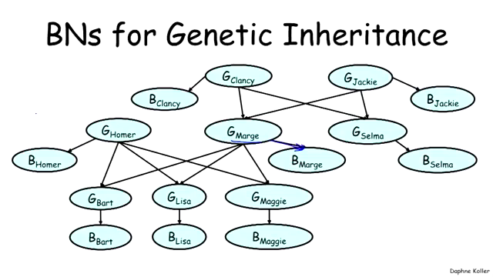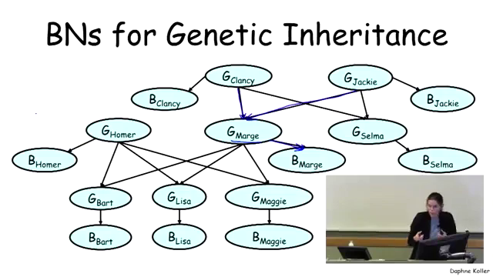We also see that a person's genotype depends on the genotype of her parents because, after all, she inherits one chromosome from her mother and one chromosome from her father, and so a person's individual genotype just depends on those two variables. And so this is a very nice and very compelling Bayesian network because everything just fits in beautifully in terms of things really do depend only on the variables that we stipulate in the model that they depend on.